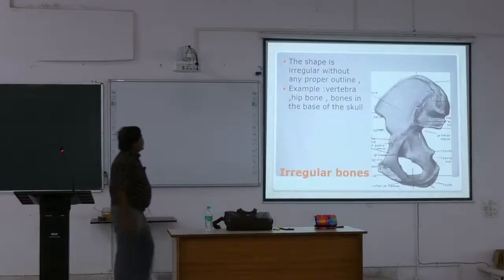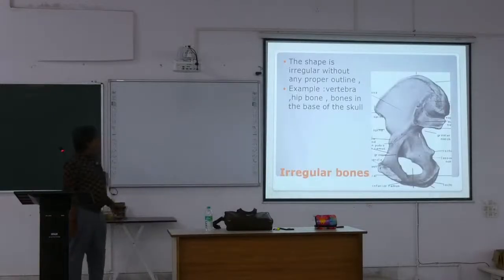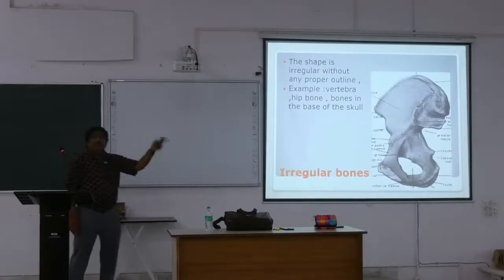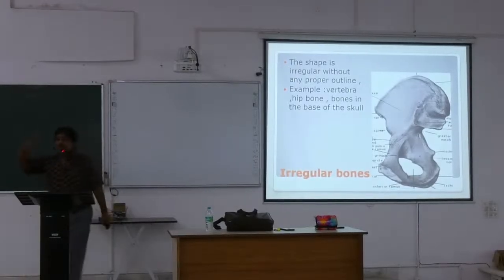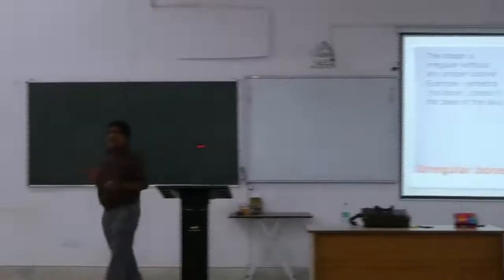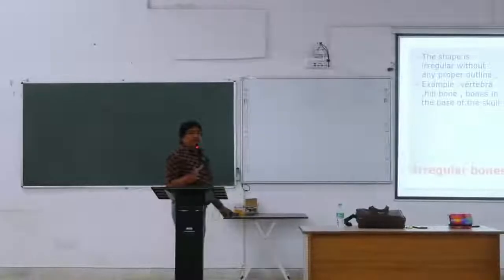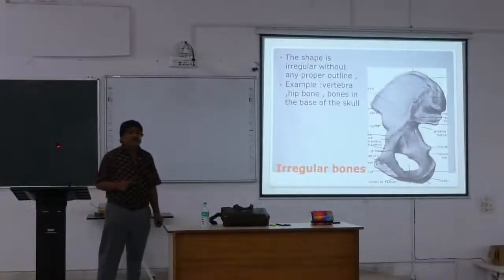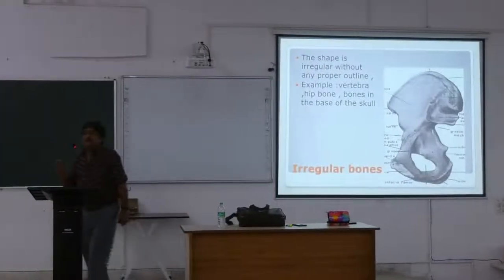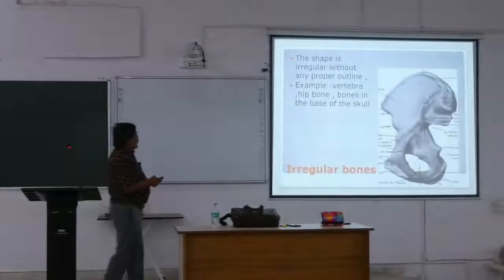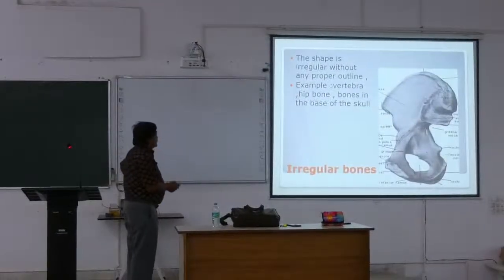This is the hip bone. You see, it is a very irregular bone, and when we teach you the lower limb, we'll tell you to hold it in anatomical position, the shape, and also the surfaces.